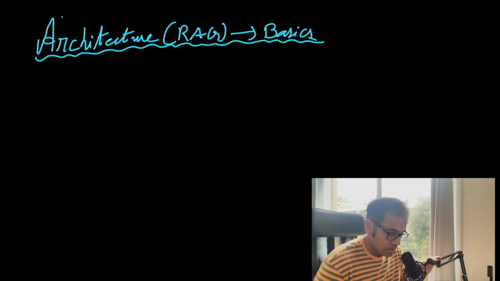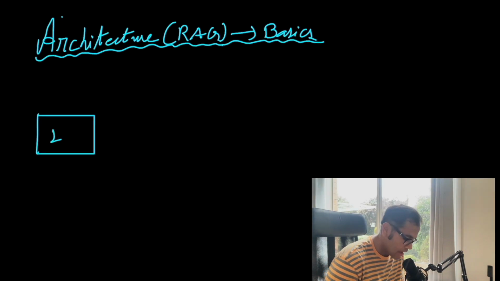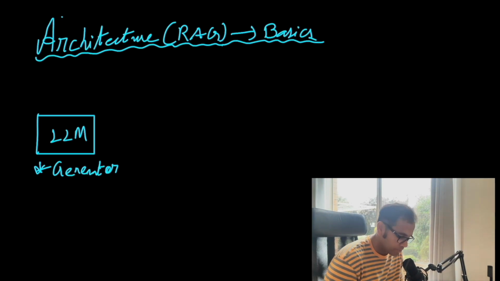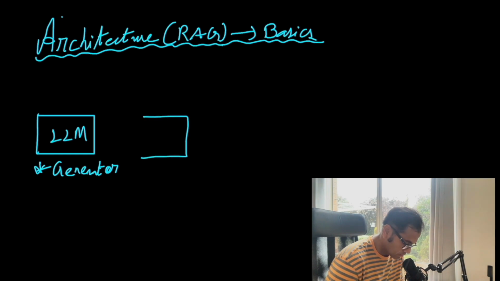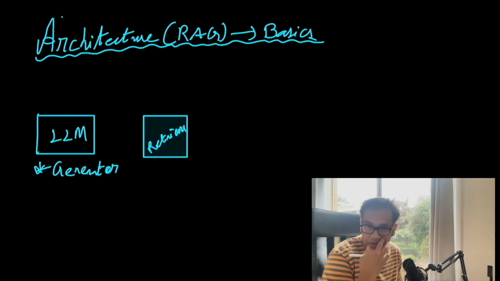So going forward with that, any RAG system in essence will have an LLM as the generator. Then it will have a retriever. Now, a retriever can be designed in multiple ways.